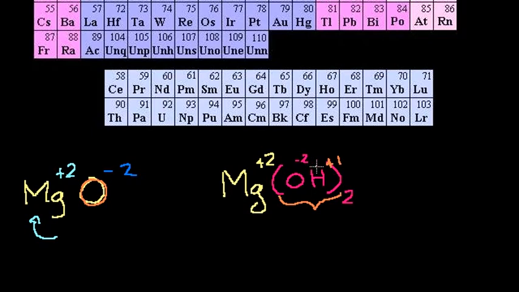That's -2 +1, so for the entire hydroxide you have a -1 sum. And then you have 2 of them, so the contribution to the entire compound's oxidation state will be -1 for each hydroxide, but then you have 2 of them, so it's -2. And then +2 from the magnesium, and it all adds up to 0.